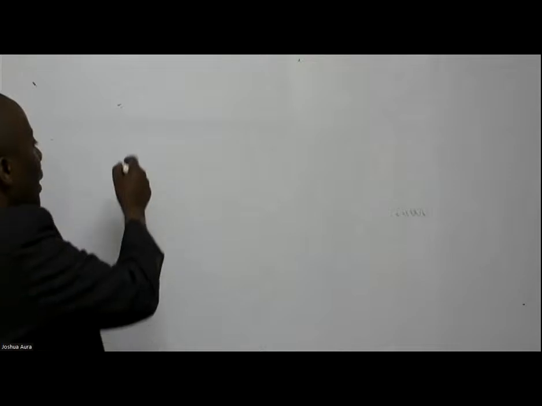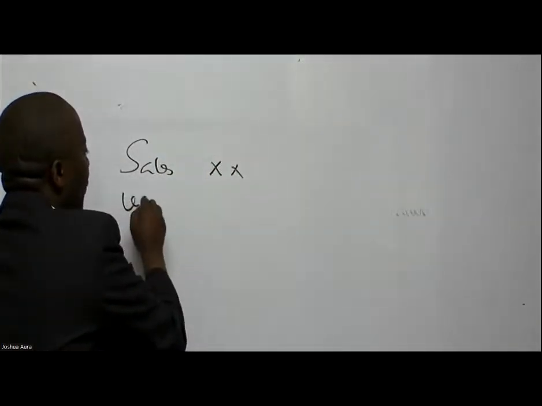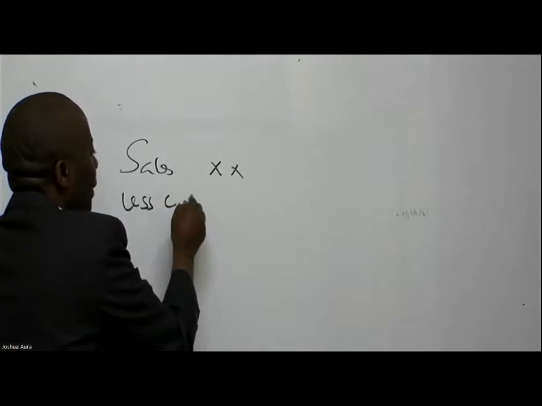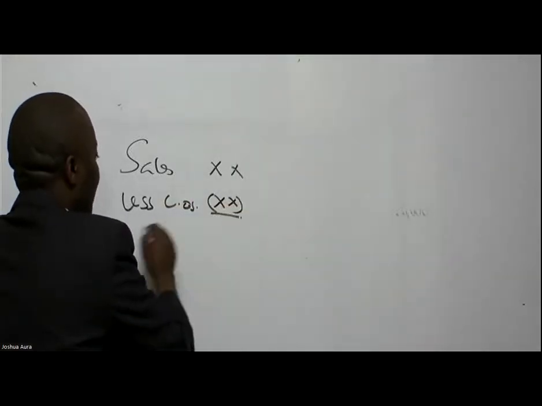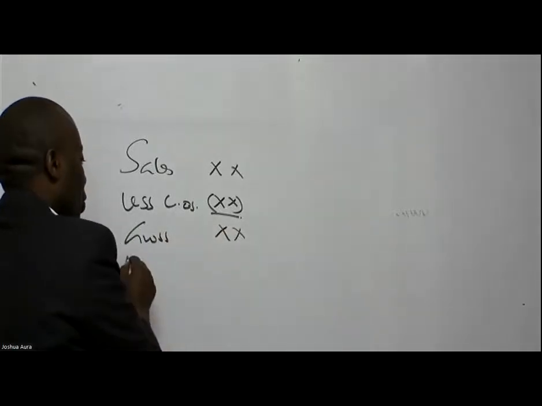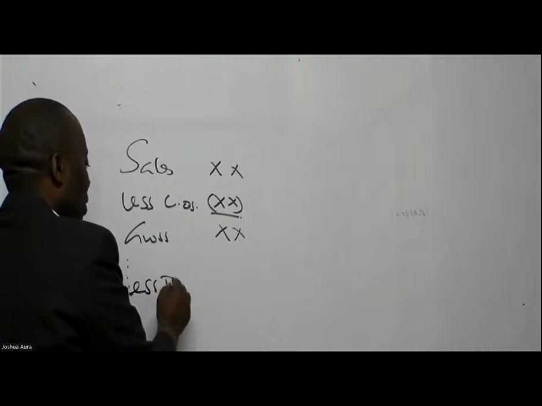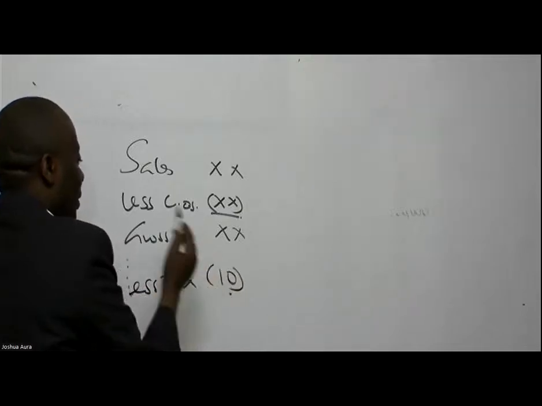So when I'm auditing, I'll be looking at things like the sales figure, less the cost of sales figure, so we have our gross profit. Then we come to profit before tax, and then we say less tax. Tax, for example, we give them a figure of 10 million.